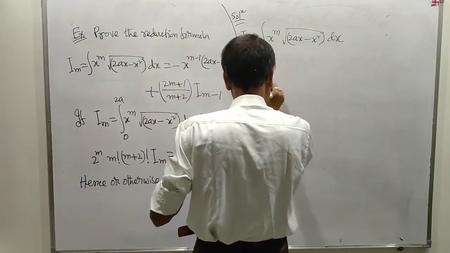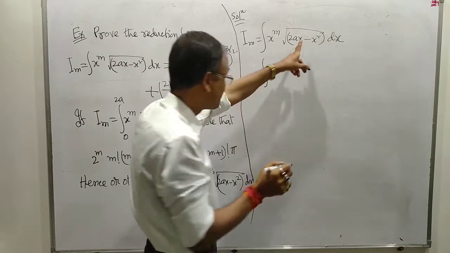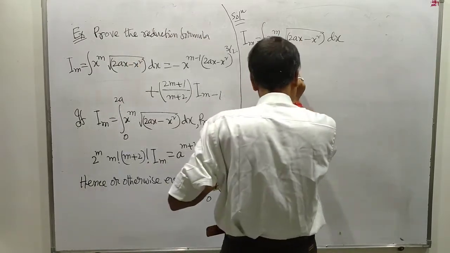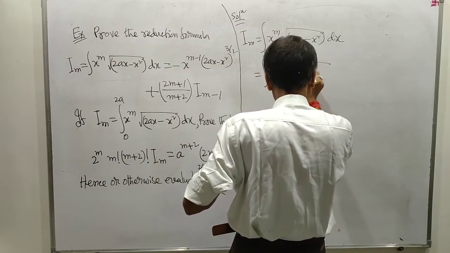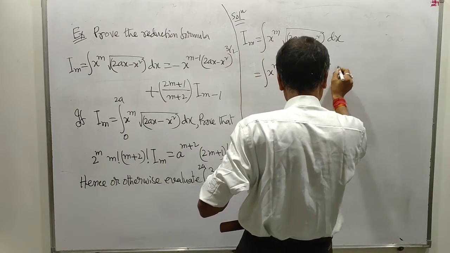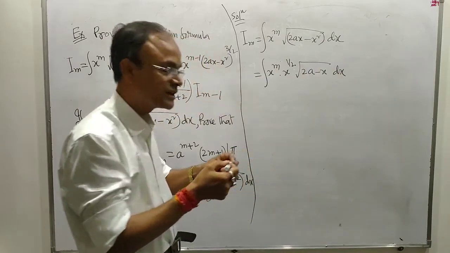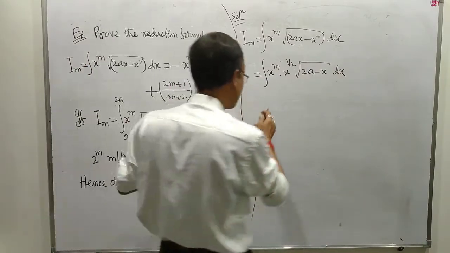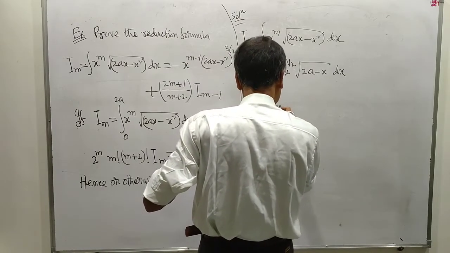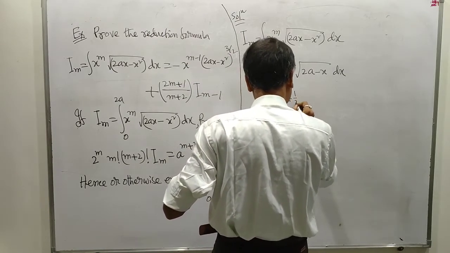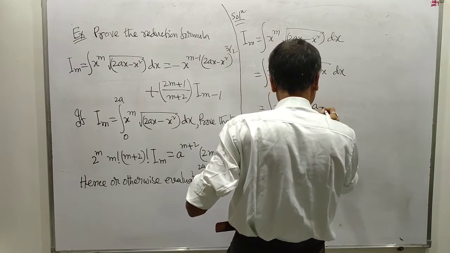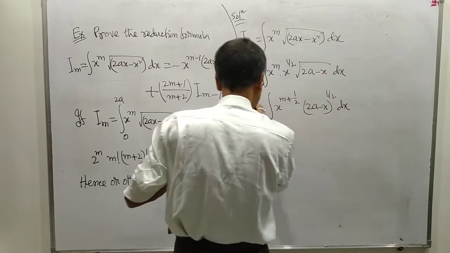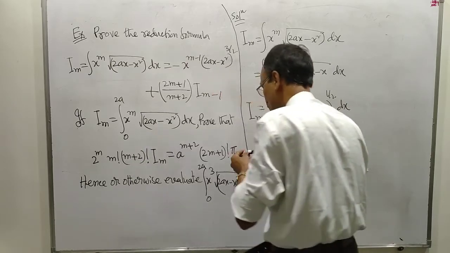This is equal to integration x to the power m, x is common, which is under root, means x to the power half, you will get twice a minus x dx. This is equal to integration x to the power m plus half, twice a minus x whole to the power half dx.